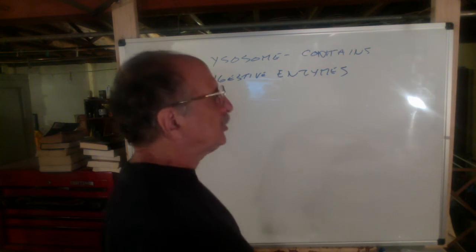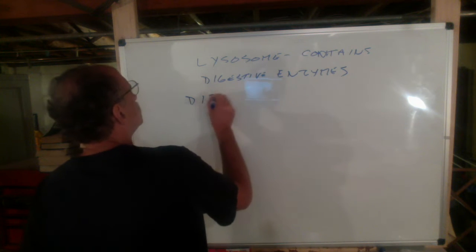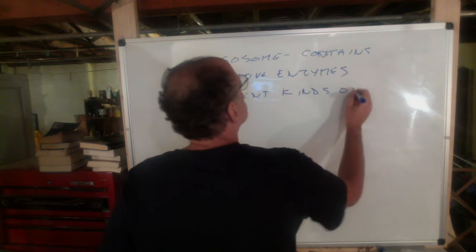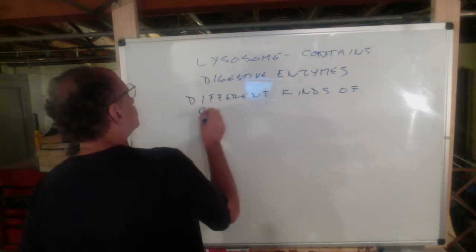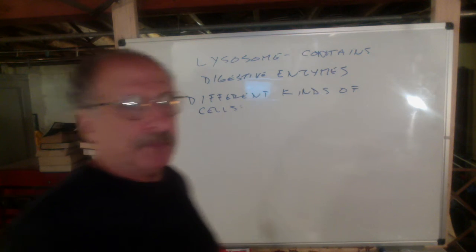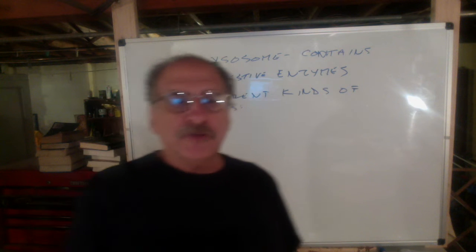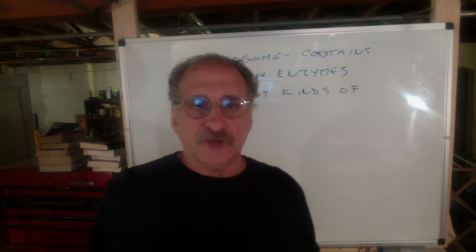The last thing to note about cells is there are different kinds of cells. In your body, in my body, there's different kinds of cells. In different kinds of living things, there's different kinds of cells also.